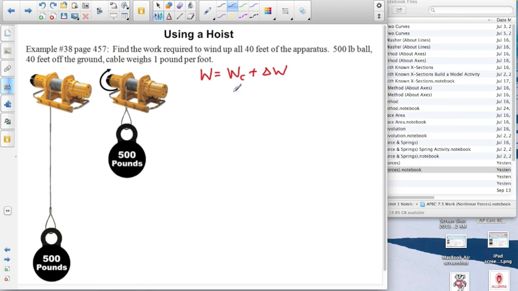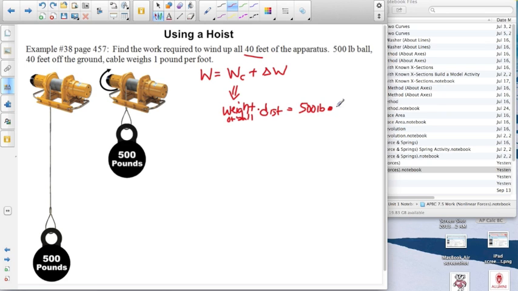And so if we talk about our constant component here, that's going to be the weight of the ball times the distance the ball moves. So taking a look at that, we know the ball weighs 500 pounds, and the distance that it is moving is 40 feet.